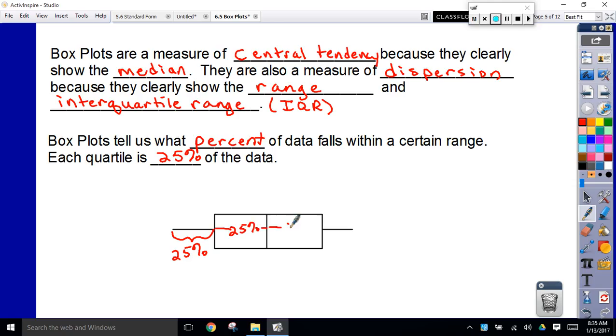The next one is 25%. And the last one is also 25%, which altogether add up to 100% of the data. It's arranged into these quartiles. Each quartile has the same number of data, so we can tell a little bit about how far the data is spread out by how long each quartile looks on the box plot.